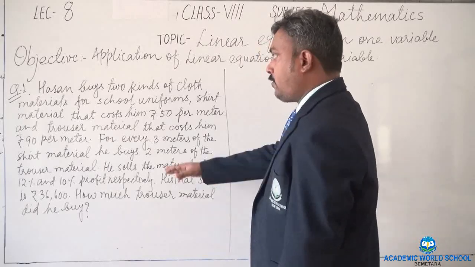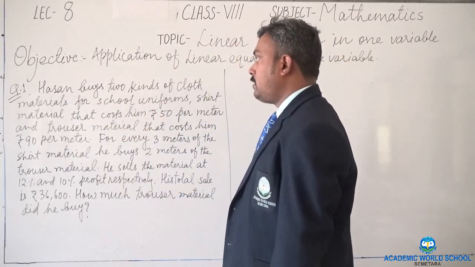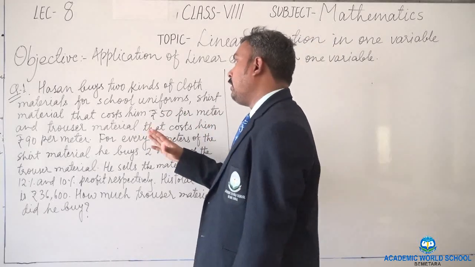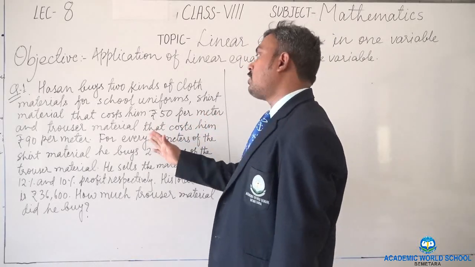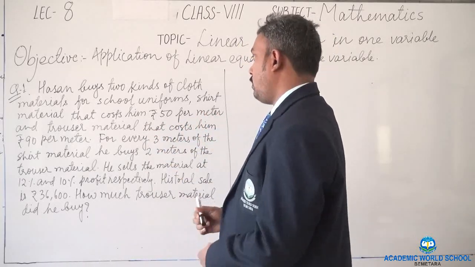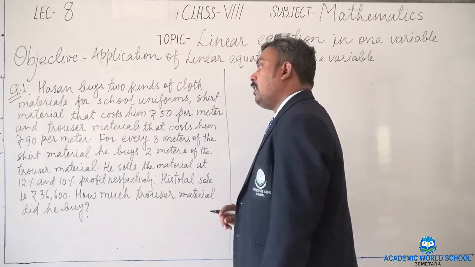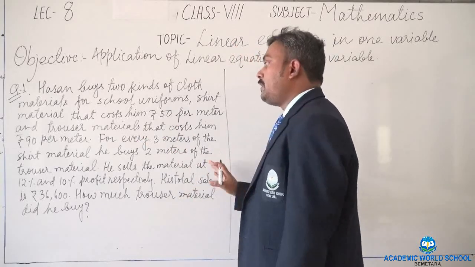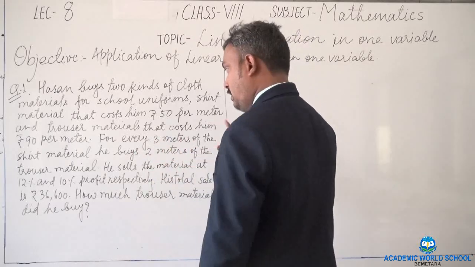So today's question is, Hassan buys two kinds of cloth materials for school uniforms, shirt material that cost him rupees 50 per meter, and trouser material that cost him rupees 90 per meter. For every 3 meters of the shirt material, he buys 2 meters of the trouser material.